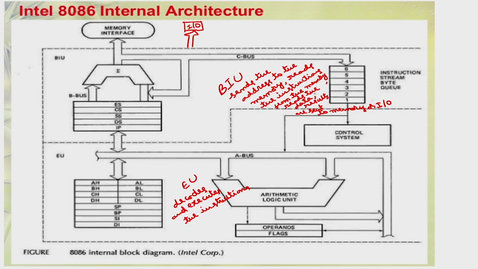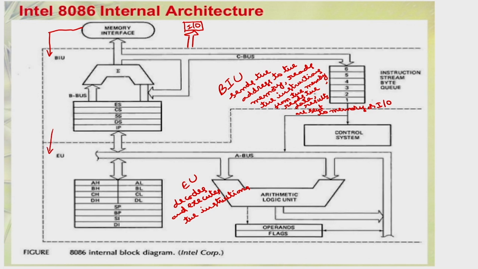One important thing here is that in this bus interface unit there is a 6 byte long instruction queue. What happens is the microprocessor fetches the instructions. After fetching the first instruction from memory, it sends this instruction to the execute unit for decoding and execution.